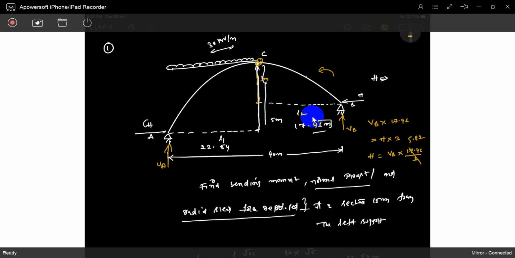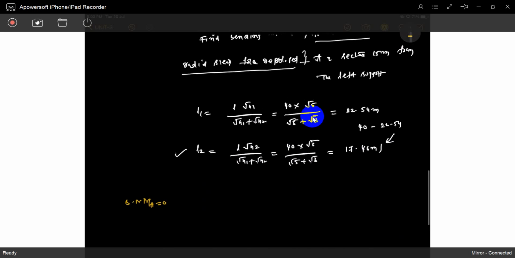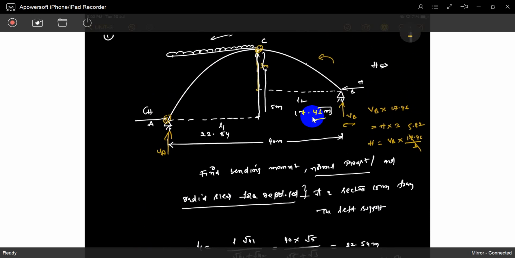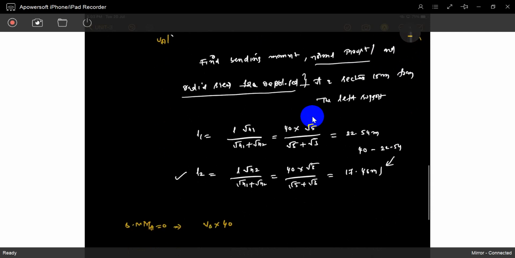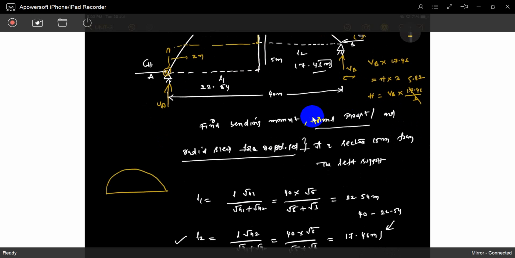Now take the moment at A equal to 0, throughout the span. Not the bending moment, the moment, although the bending moment is also 0. VB multiplied by the total distance 40. Next, this H has a vertical distance of 2 meters.